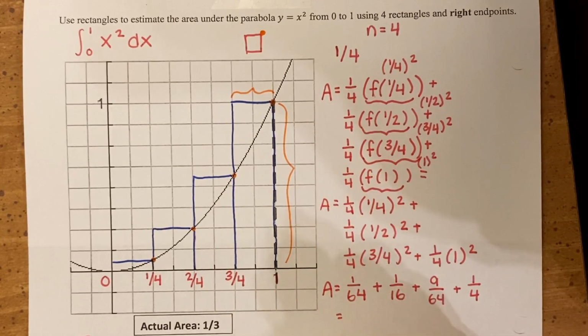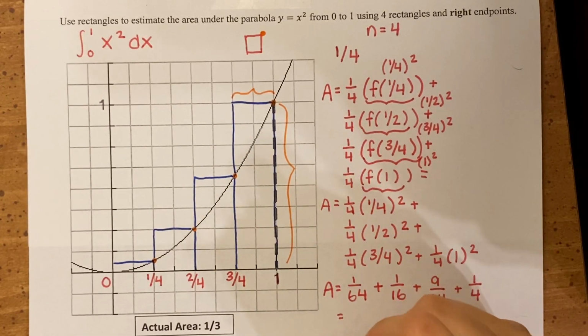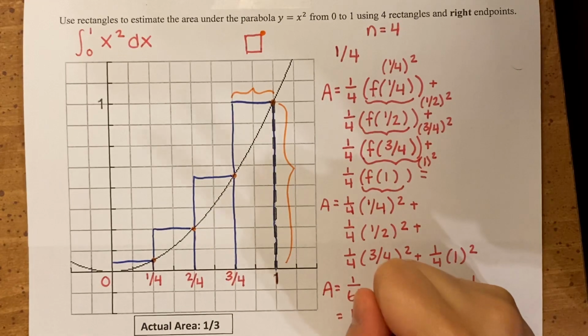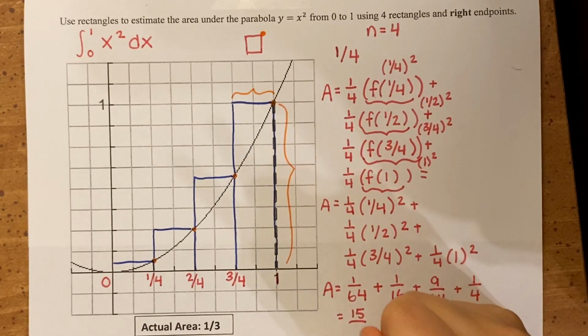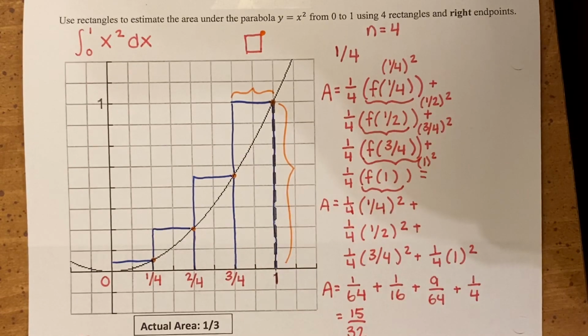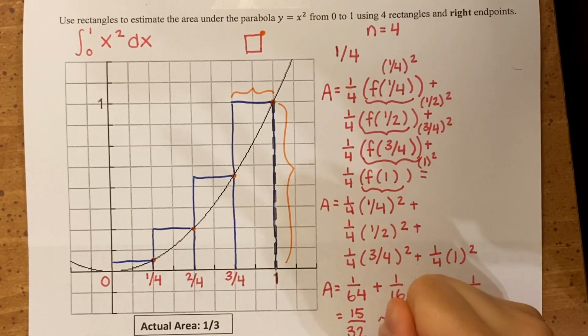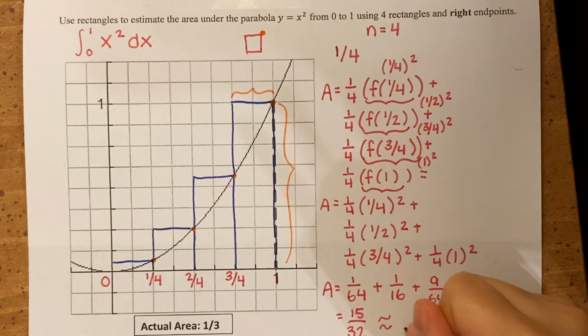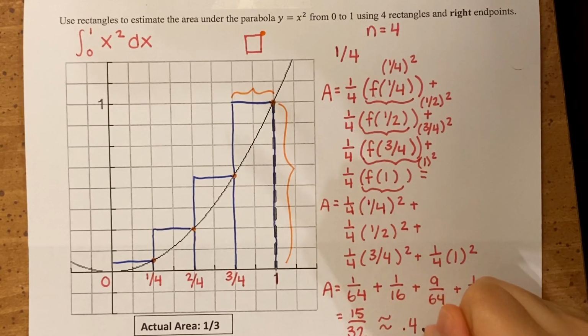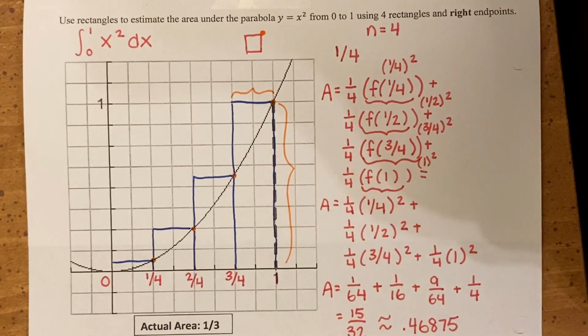Combining all our fractions gives me 15/32, and that is approximately 0.46875 when you use your calculator.